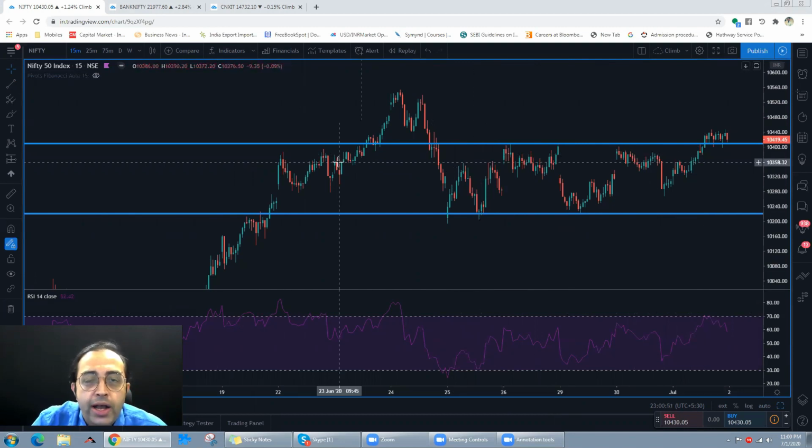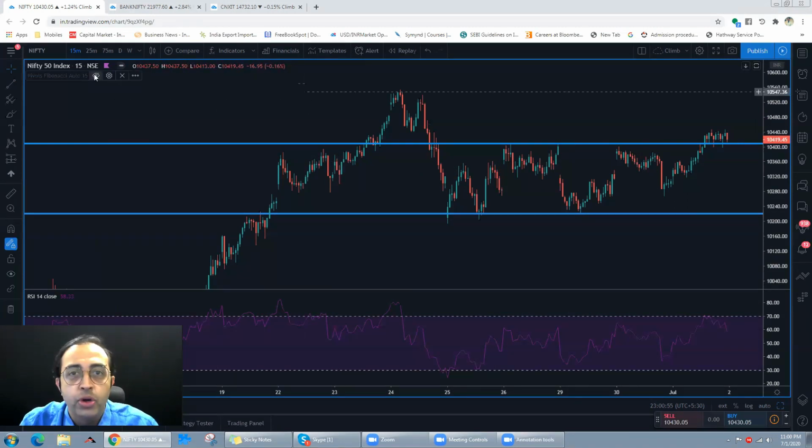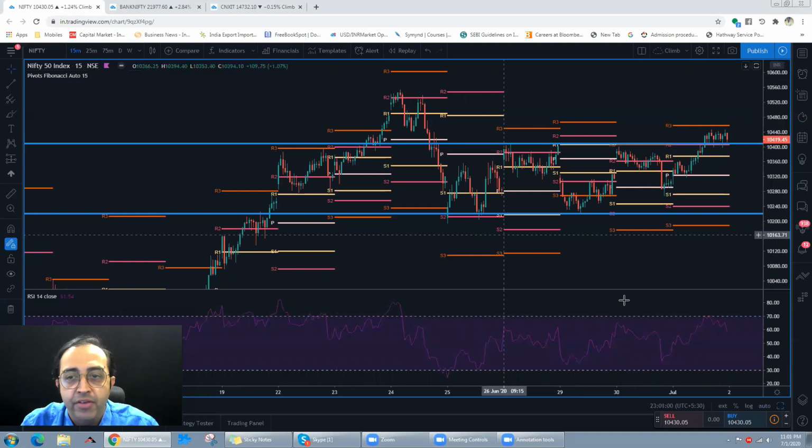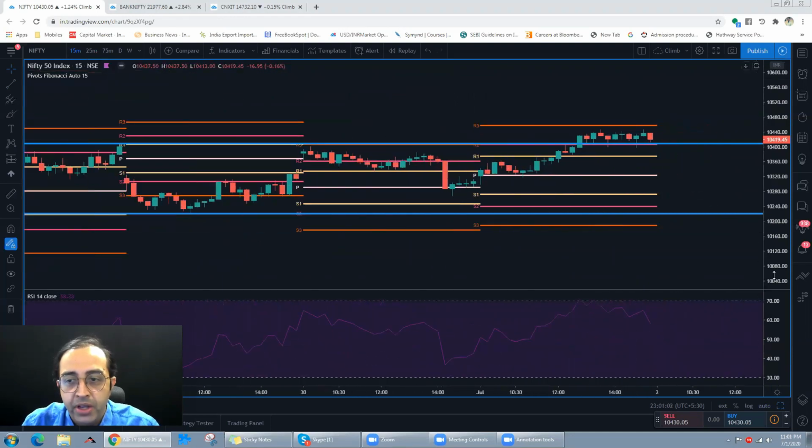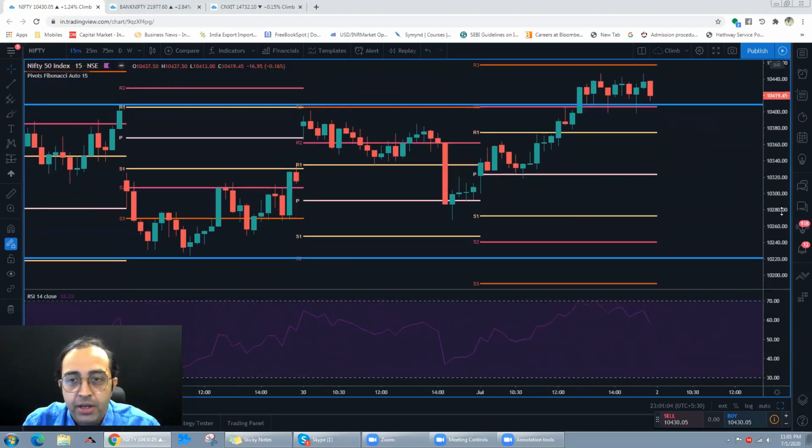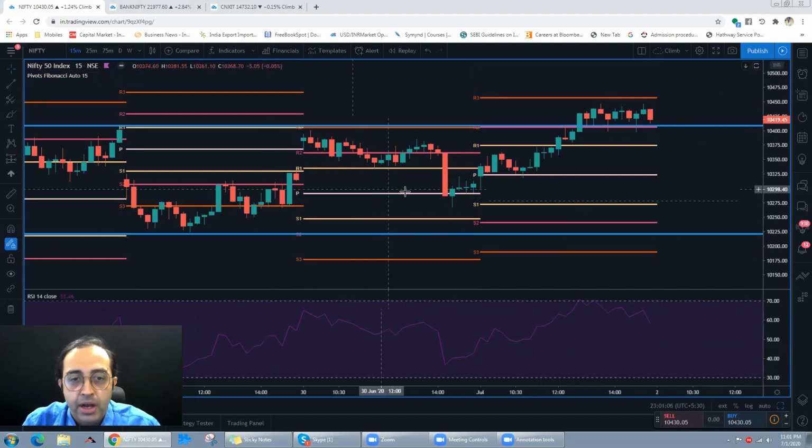And now, as in my last few episodes, I am showing you how to use the concept of Fibonacci pivots. Once again, I have the Fibonacci pivots with me, and you can see here that the pivot has risen higher for the current session, which is the 1st of July. The day began well.